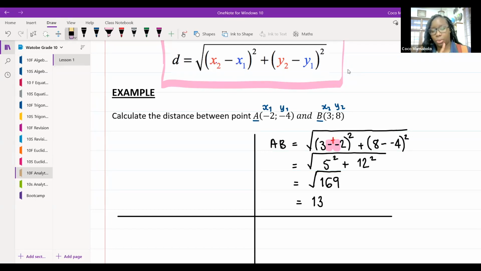Yes, squared. But absolutely. The difference in the horizontal length and the difference in the vertical length, but we need to square it because the idea behind the distance formula comes from the Pythagorean theorem.